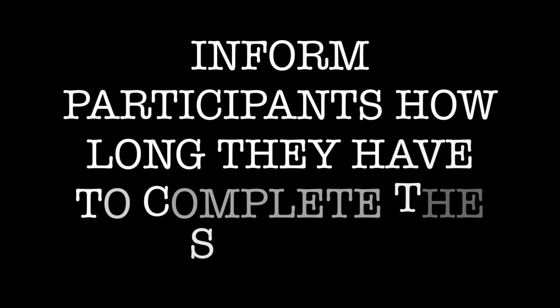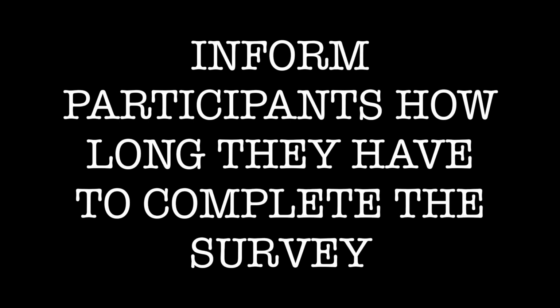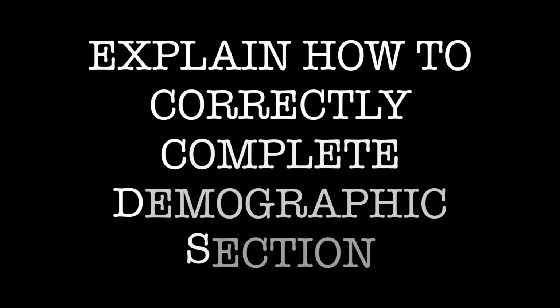Use the time specified in your program-specific instructions to inform participants how long they have to complete the survey. Finally, and most importantly, explain to participants how to correctly complete the demographics section.